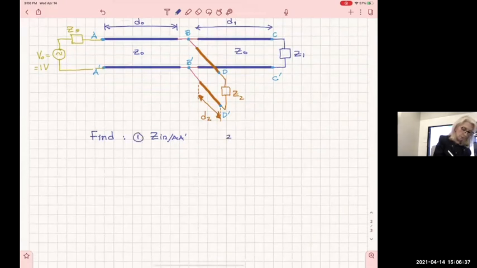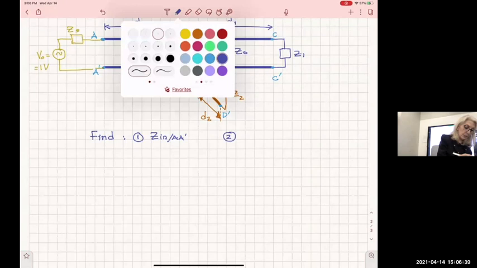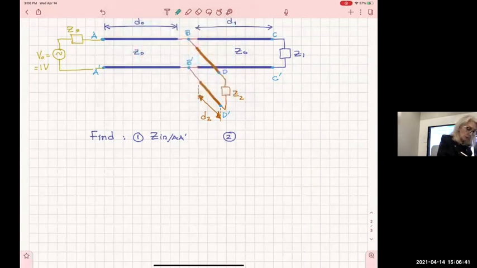And then number two, find the current that flows through this port, and then find A prime. Okay? Now, I ask you to find all of this using the Smith chart.